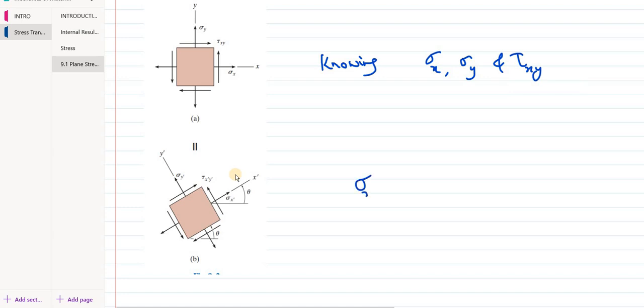That is finding sigma x prime, sigma y prime, and tau x prime y prime.